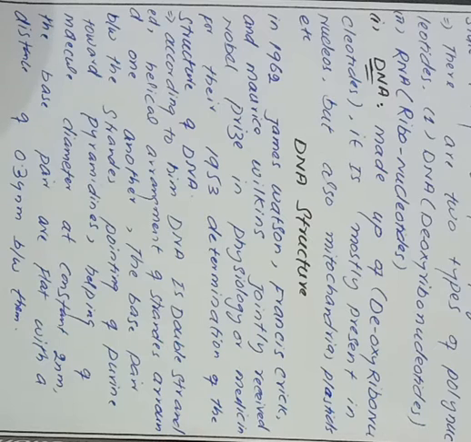DNA has a diameter of 2 nanometers. This purine and pyrimidine bonding keeps the DNA diameter constant at 2 nanometers.